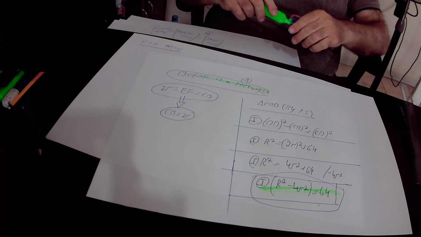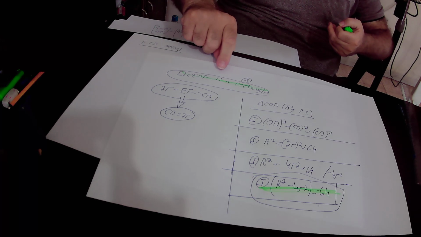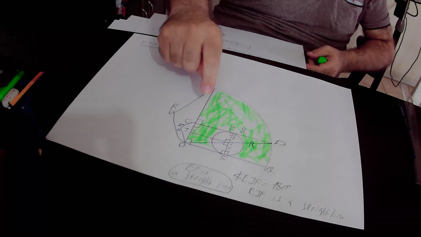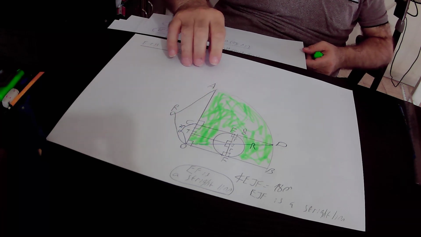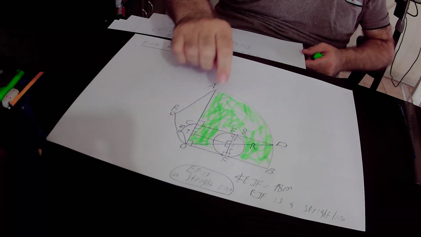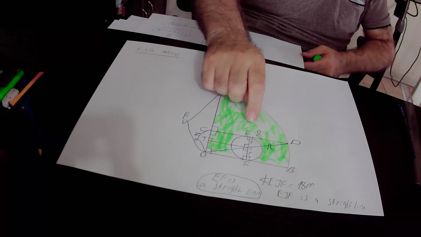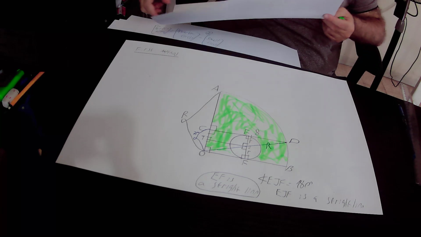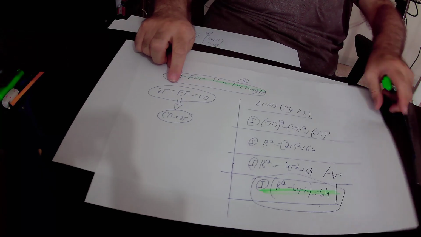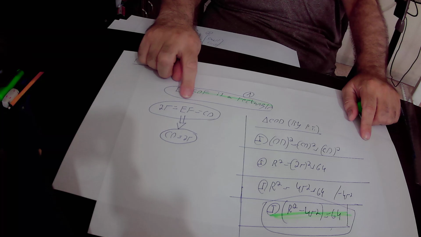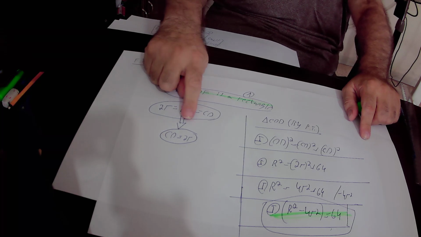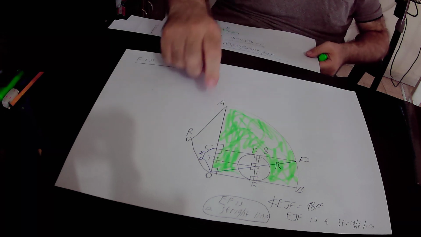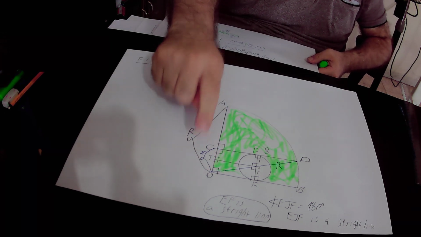And we know that the opposite sides of a rectangle are equal to each other. That is to say, side EF must be equal to side CO. EF equals CO. But we already found out that EF equals R plus R, that is 2R. And from this equation, 2R equals EF equals CO, we derive that CO is also equal to 2R. Here, CO equals 2R.